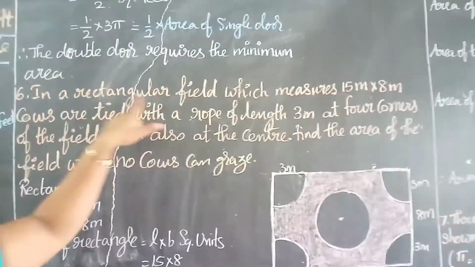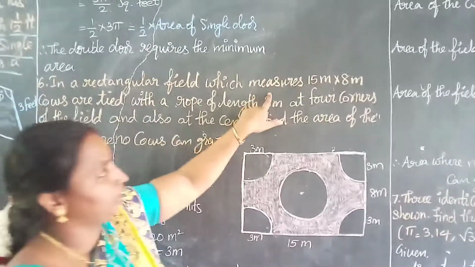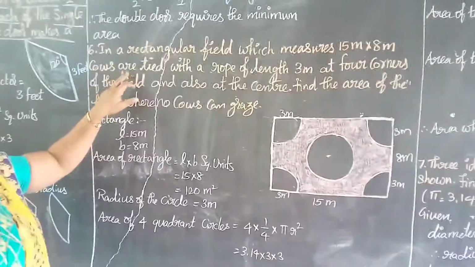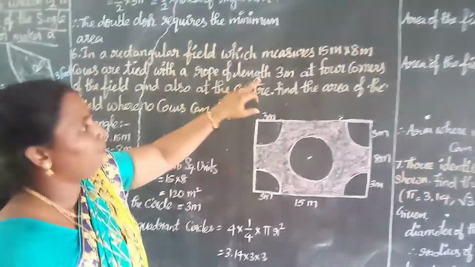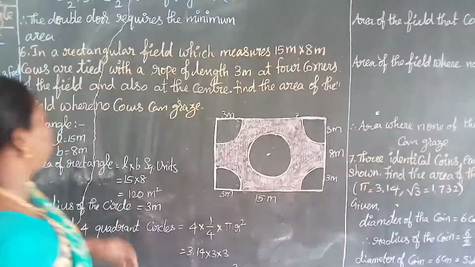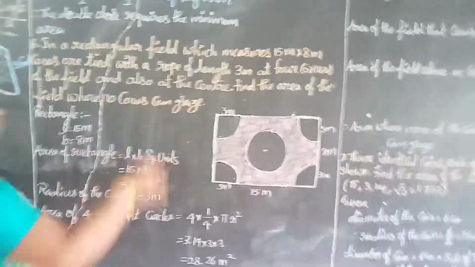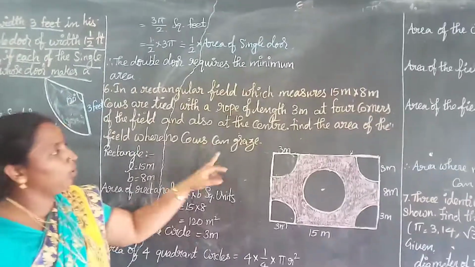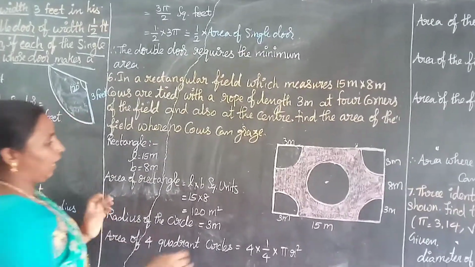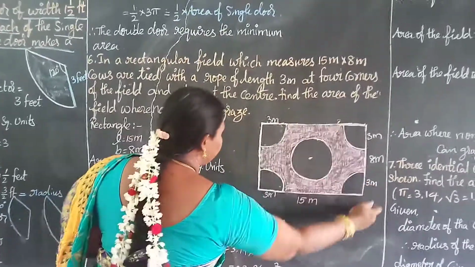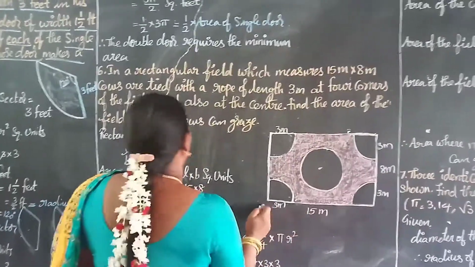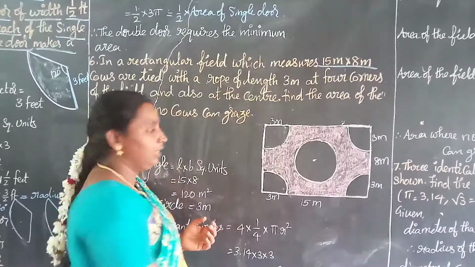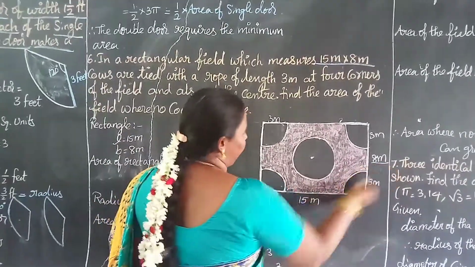In a rectangular field which measures 15 meter into 8 meter, cows are tied with a rope of length 3 meter at the 4 corners of the field, and also at the center. Find the area of the field where no cows can graze. So here you have one rectangular field. Imagine this is a rectangular field, with length 15 meter and breadth 8 meter.